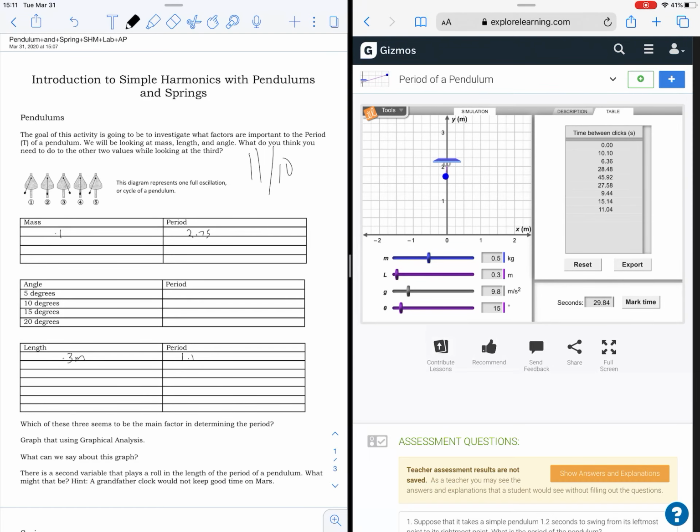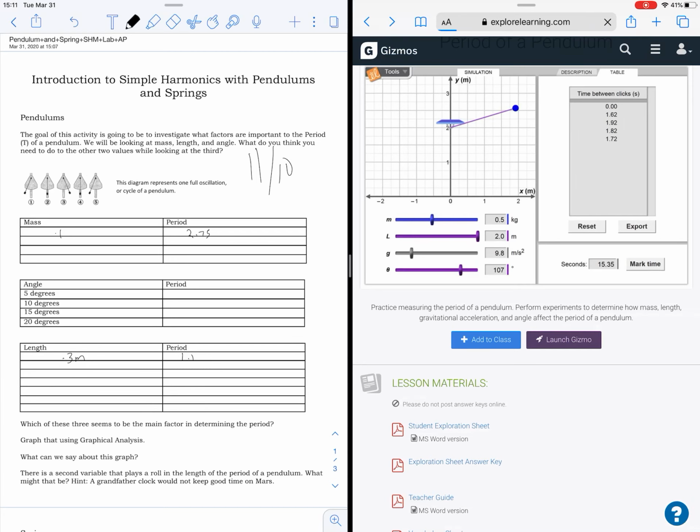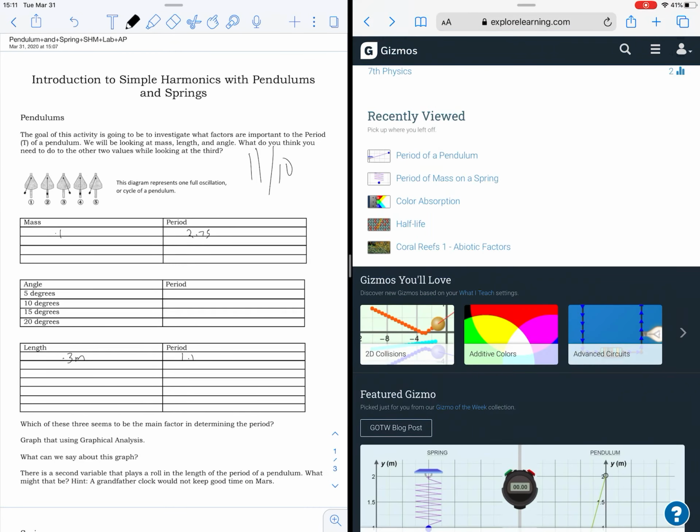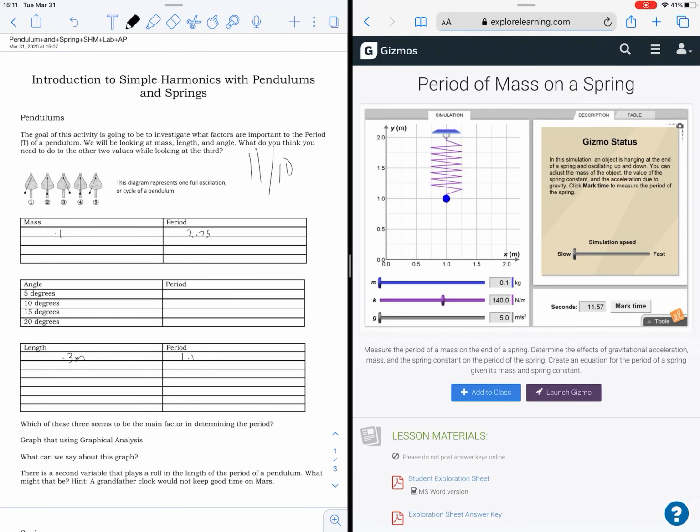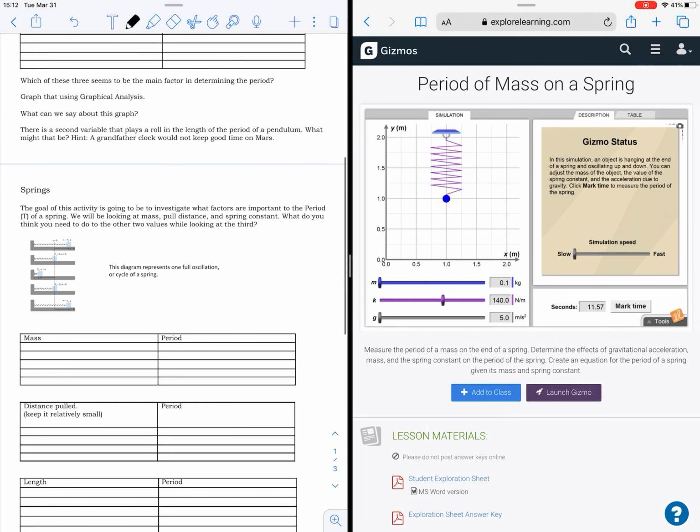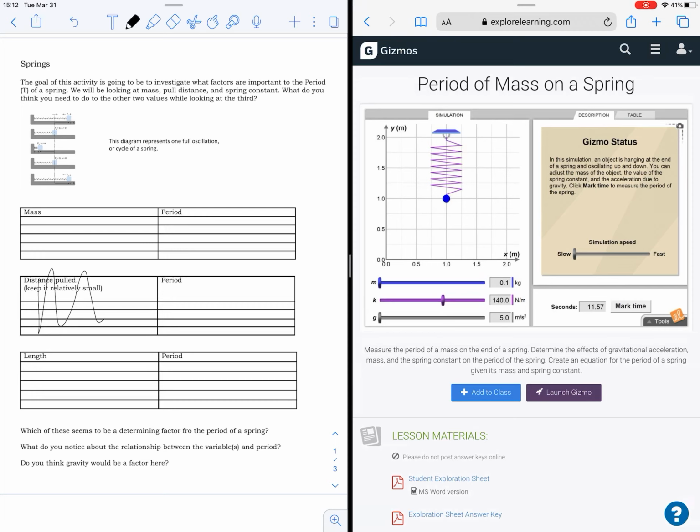All right, and then for the other one, for the spring lab, the only two that you're really changing are, we're going to delete this one, and we're going to change this one to gravity. So we're only really going to be changing the mass and the gravity.